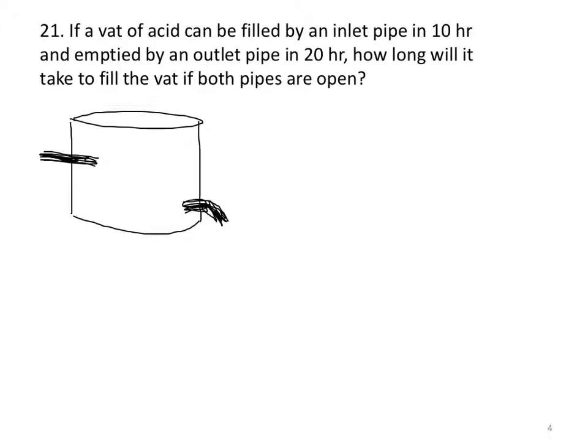So what you would say here is 1 over the time it takes to come in, and I'm going to call it in, minus 1 over the time it takes to leave equals 1 over the total time if both were open.